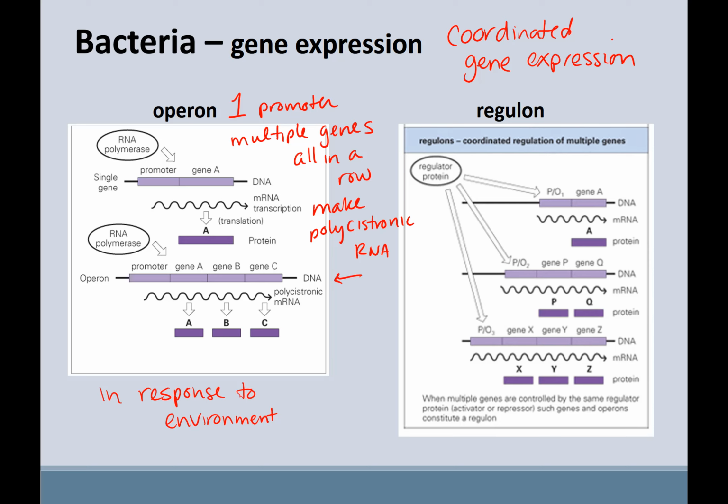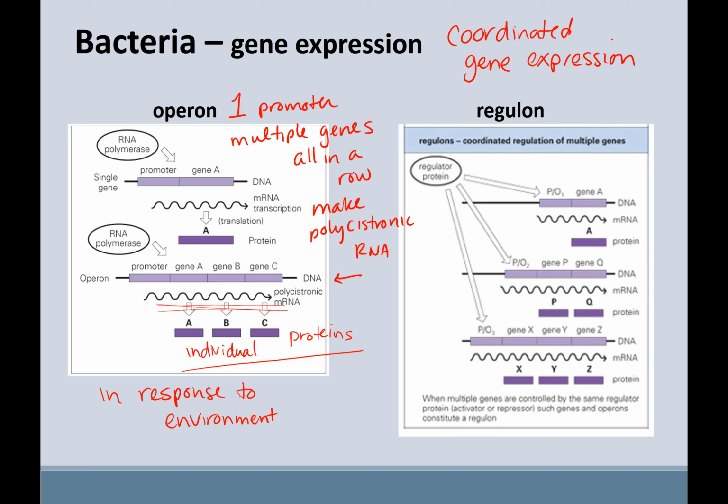So what's happening is the RNA that's made encodes a whole bunch of genes, and then from translation you get individual proteins. So one RNA, multiple proteins then translated.